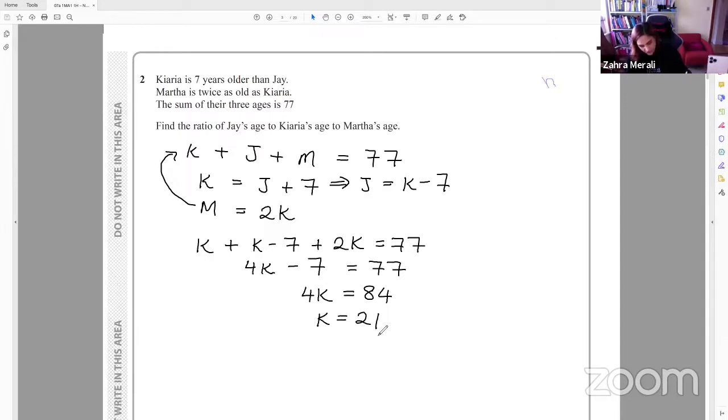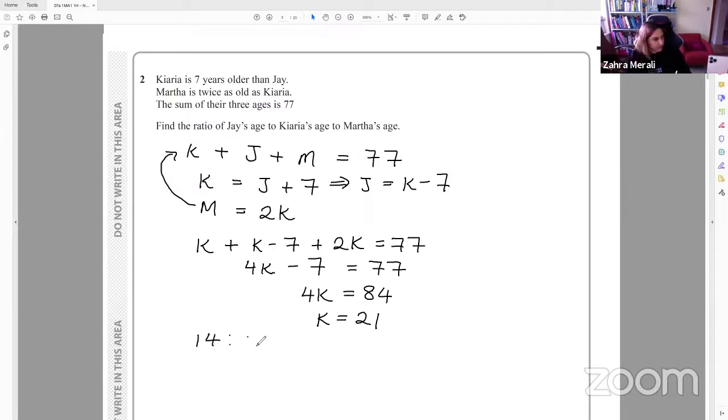So now we know that we want the ratio of J's age. So we know J is the same as Kiara minus 7. Right, where was I? Sorry. J's age is Kiara minus 7, so she must be 14.